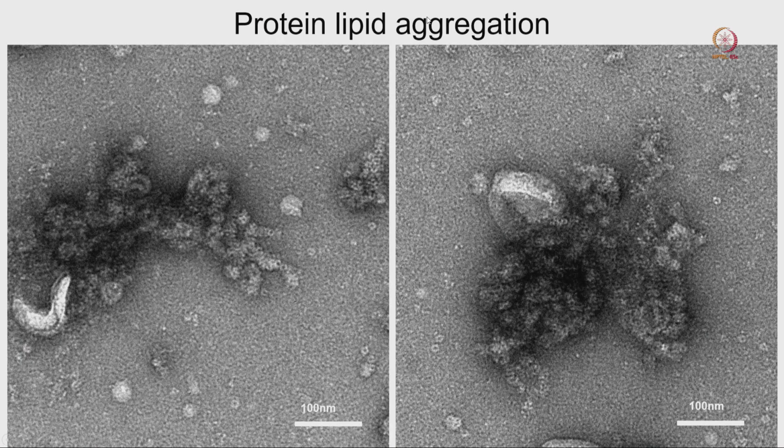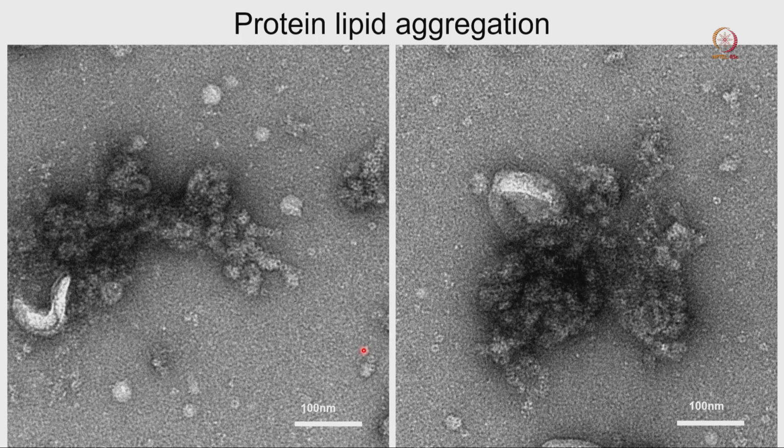Here is one example I am showing, protein aggregation or lipid protein aggregation. A lipid has a hydrophobic tail that always stays inside, and the polar region stays near the solution. Here you can see some images where protein aggregation is visible. If you pay attention, the proteins are clustering.